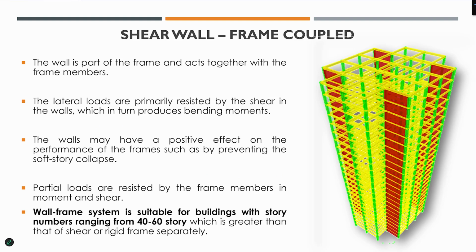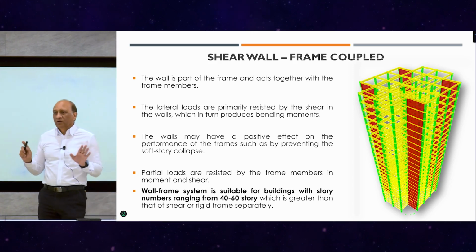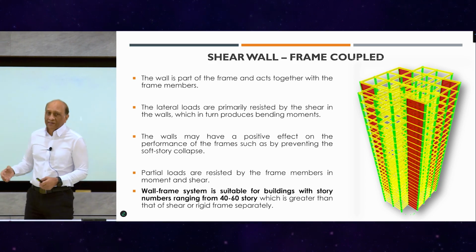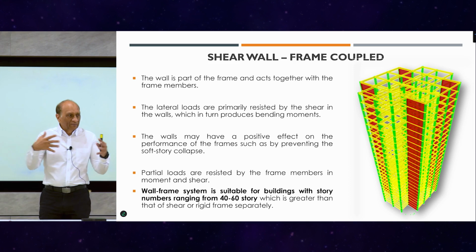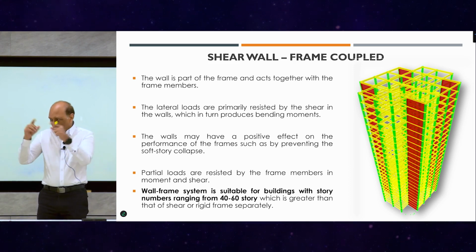Okay. So now, shear wall frame coupled. So we can put the frame, and then some of the frames can be converted into walls. And this is a very important observation, because not only can we put the walls and couple them with the frame, you can also put the walls inside the frame.